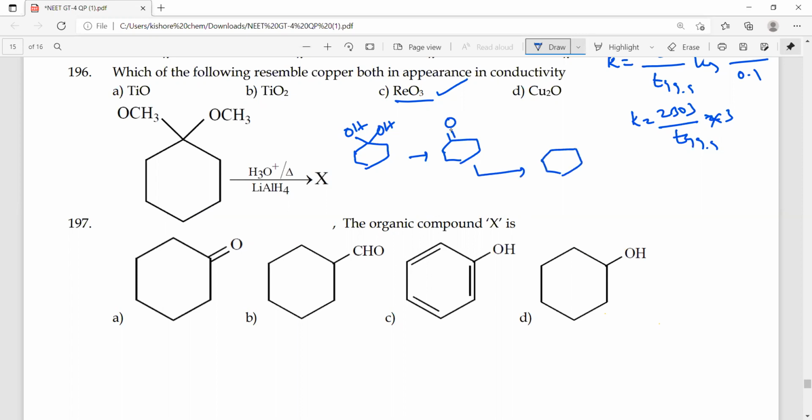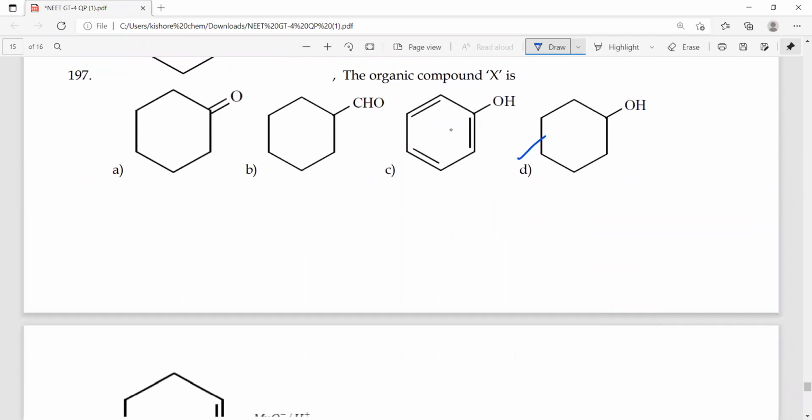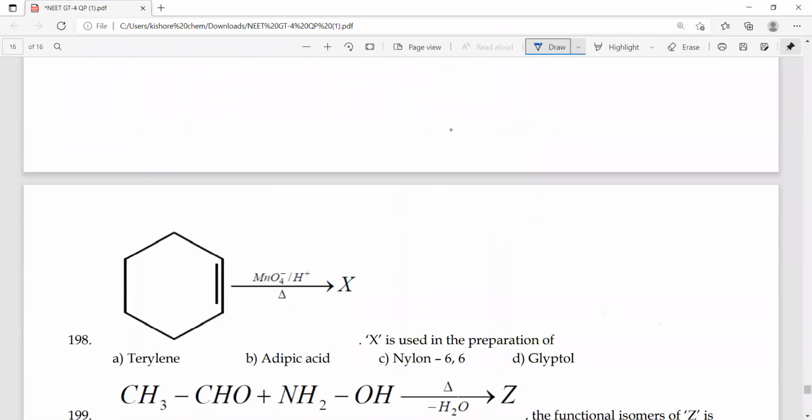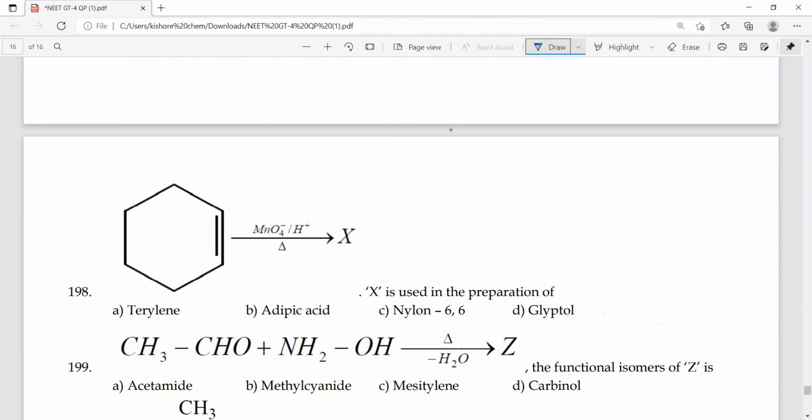Cyclohexanone undergoes reduction to give alcohol. Now this reacts with KMnO4 to form adipic acid. This adipic acid reacts with hexamethylene diamine to form nylon 6,6.